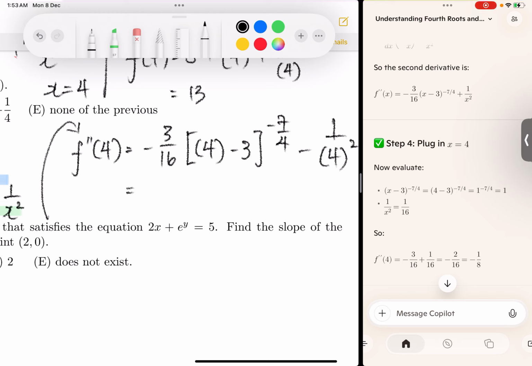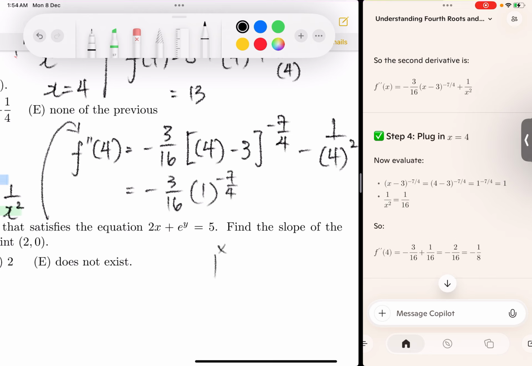Okay, so negative 3/16, when we do the ones in the bracket first, it will become 1. And then that will become 1 to the power of negative 7 over 4, which is just equal to 1. Whenever you have 1 with any power, it could be like 1 to the power of 100, it will still equal to 1.